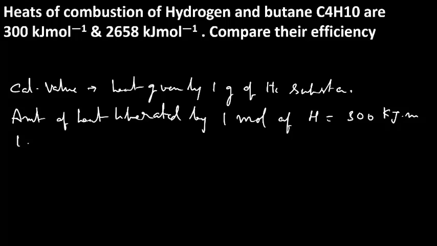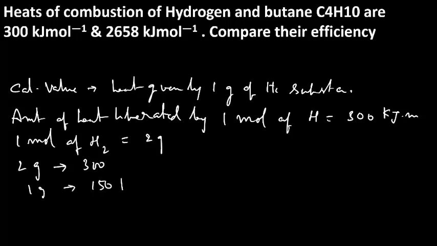What is 1 mole of hydrogen? It is nothing but 2 grams. So 2 grams give 300, so 1 gram gives 150 kilojoule per gram.